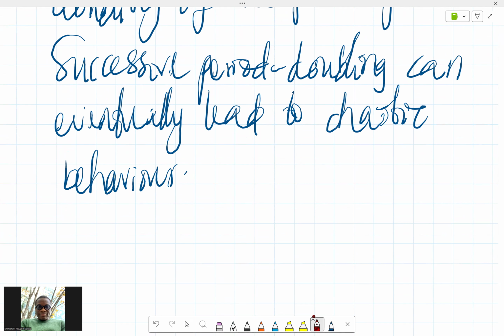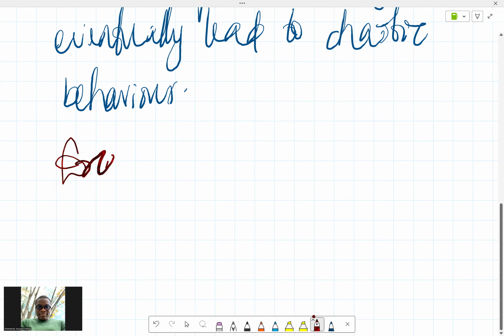And we have an example still related to the idea of a logistic map.